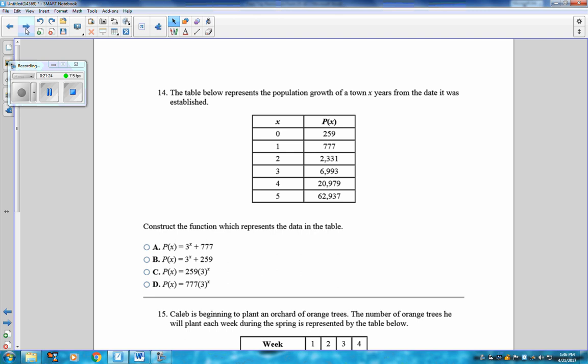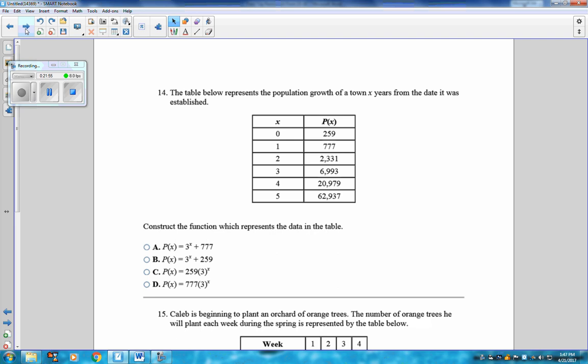Problem 14, it says to use the table. Construct the function which represents the data from the table. So if we look at this, I can automatically tell that this isn't increasing by the same amount each time. So I wanted to see if it divides by the same amount. If I do 777 and divide by 259, I get 3. And then if I take 777 and multiply that by 3, I get 2,331.